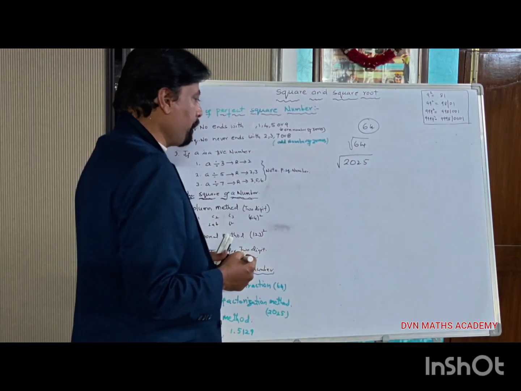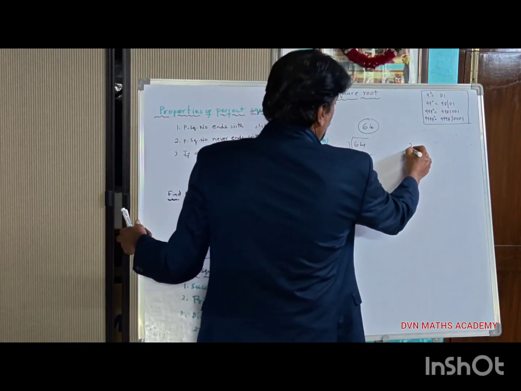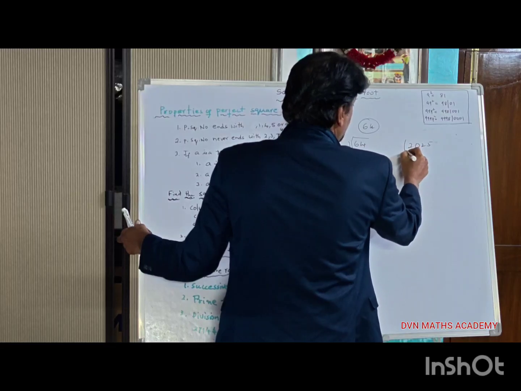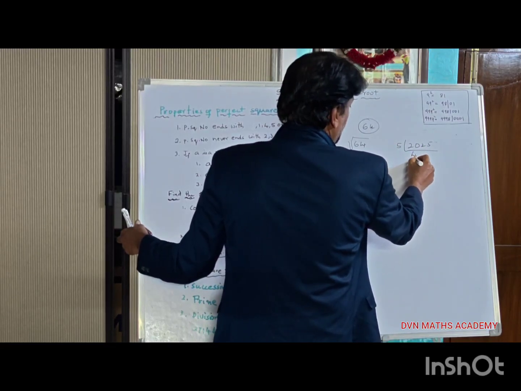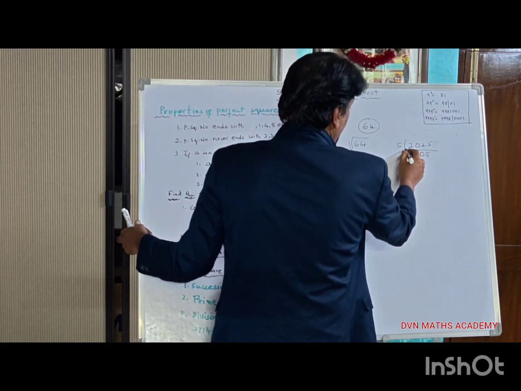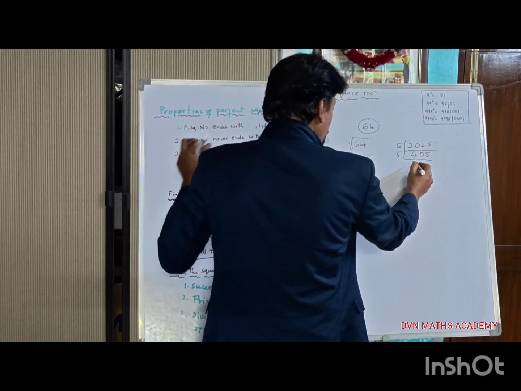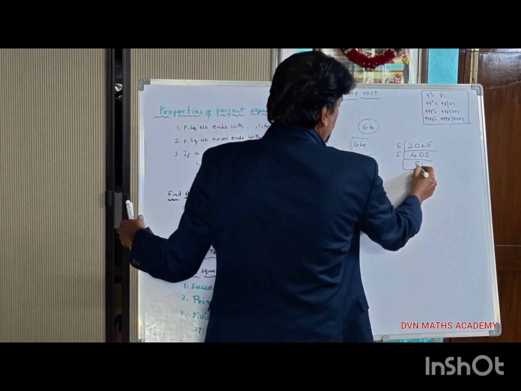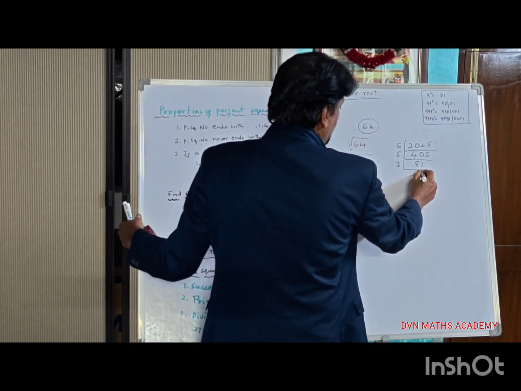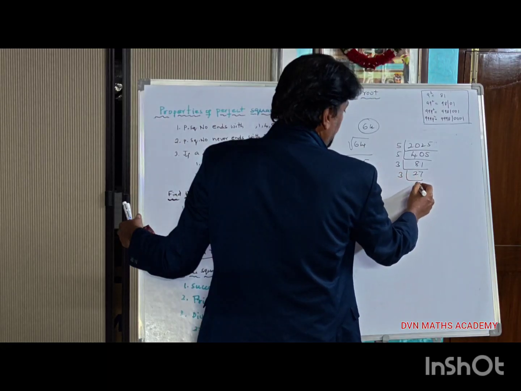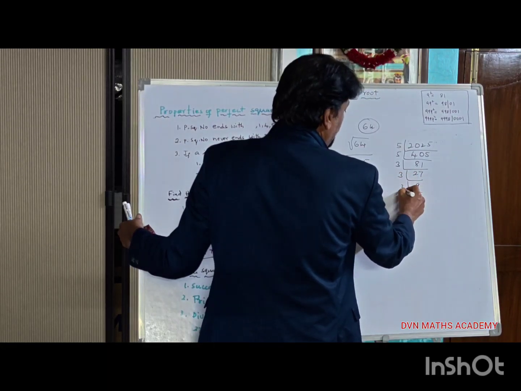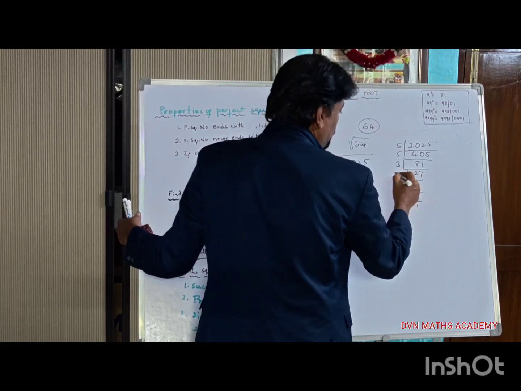So I am going with the prime factorization method. You know how to do the prime factorization. So this will go by the 5 table, 5 4s are 20, 0, 5, again it will go by 5. So 81, and it will go by 3. This is 27, again it will go by 3, this is 9, and 3, 3s are 3, 1s are.